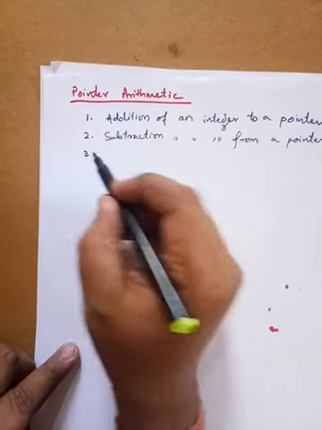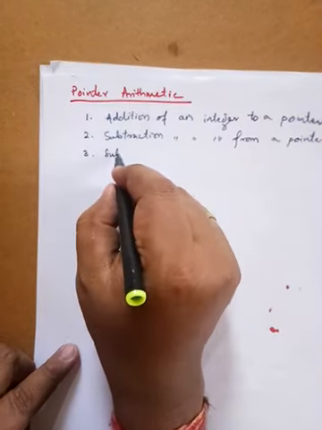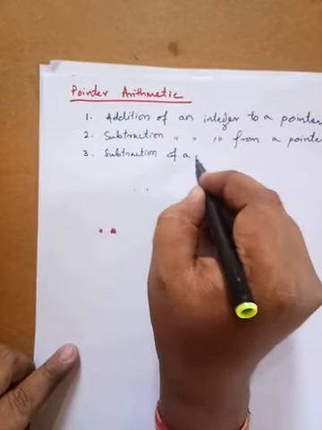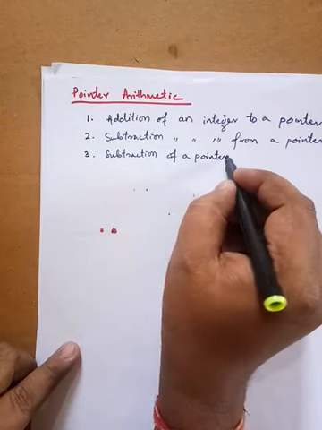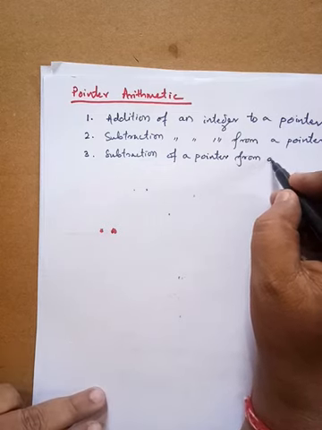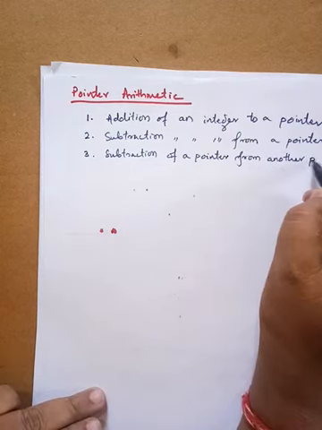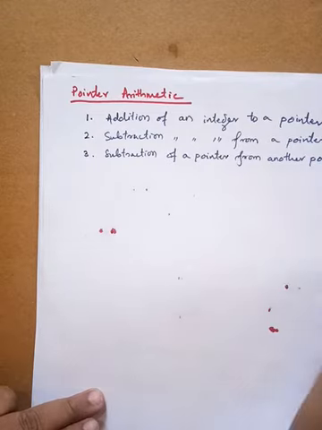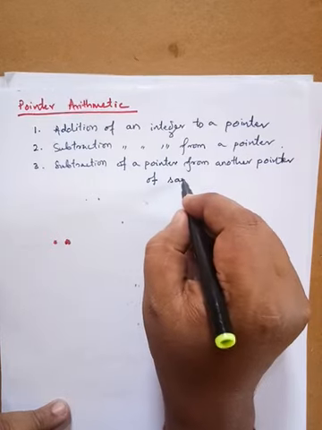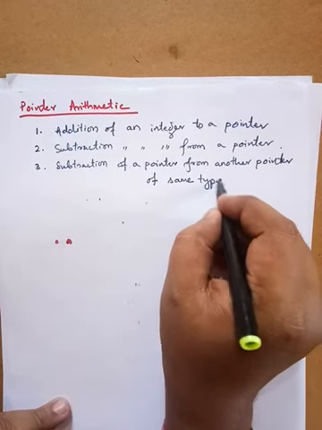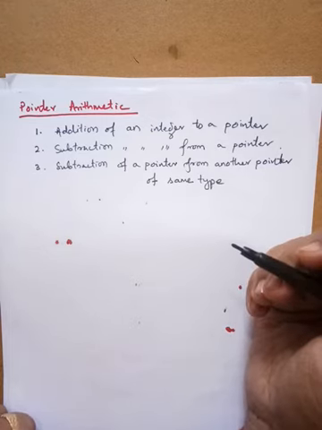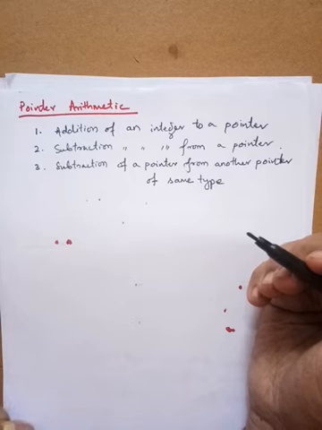And the third one is subtraction of a pointer from another pointer of the same type. So these are the arithmetic operations that can be performed on pointers.